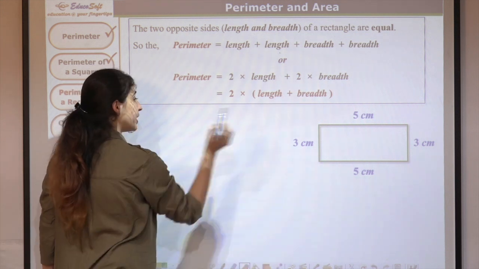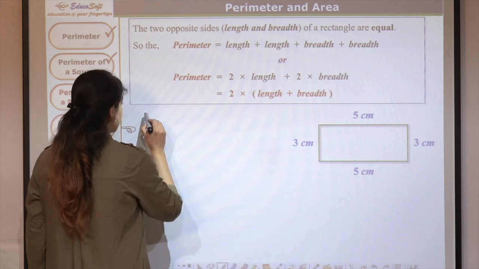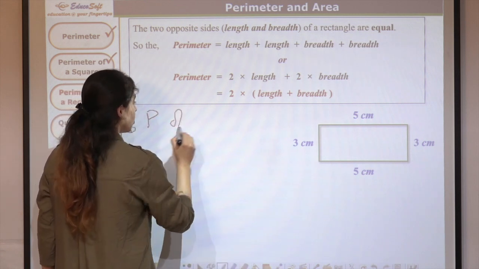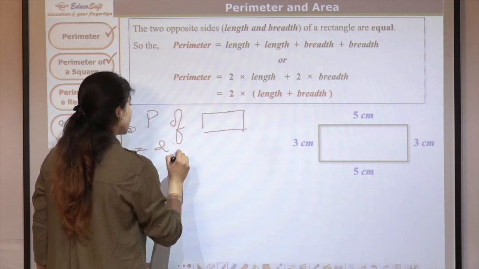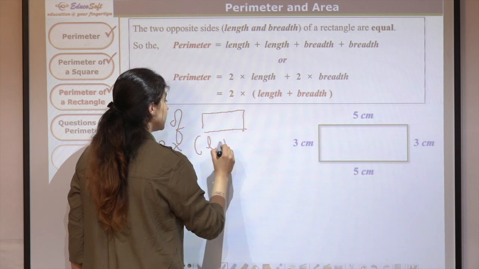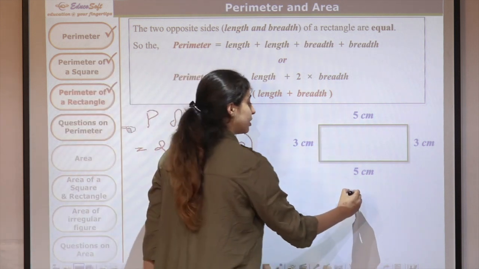So, let us find the perimeter of the given rectangle. Perimeter of this rectangle is 2 times L plus B.